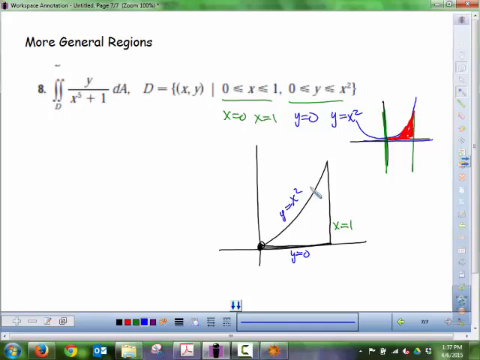Okay, so let's think about this. We're going to integrate with respect to y. So maybe I'll write this down off to the side as I'm thinking this through. Integrate with respect to y first.